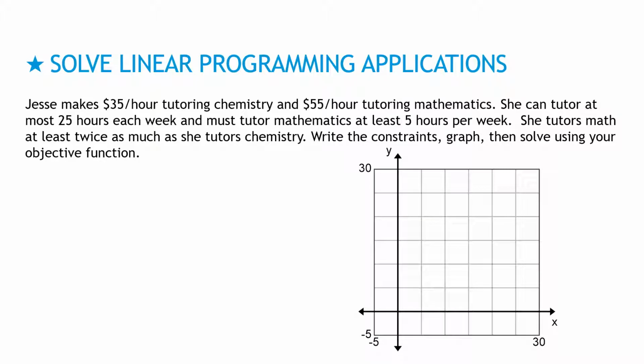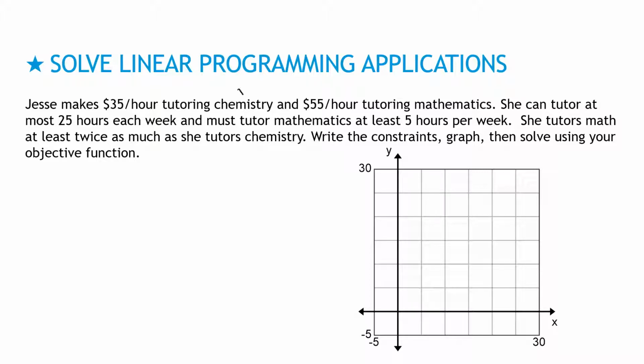So this guy's brand new. We haven't looked at it before at all, so it could take a while, but I did want to give you one where we worked through everything from start to finish: constraints, objective function, graphing, corner points, solution, everything. So let's take a look. Jessie makes $35 per hour tutoring chemistry, $55 tutoring mathematics.